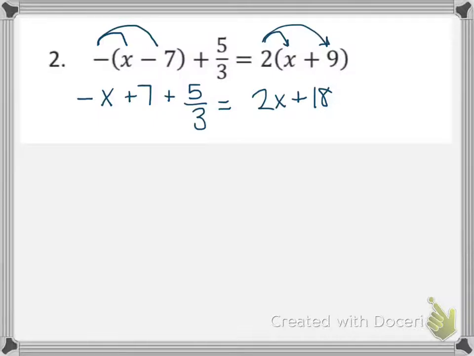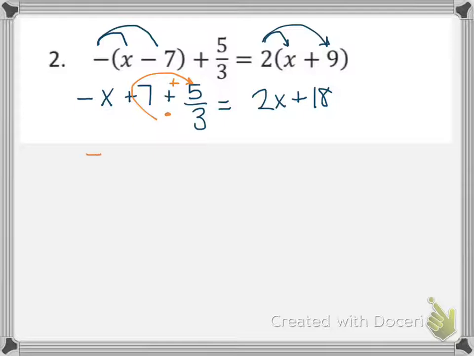It looks like, well, this 7 and 5/3, I can just add those and get 7 and 5/3, and then make that an improper fraction, because to me, improper fractions are way better than mixed numbers. So I'm going to just do this. I'm going to go 7 times 3 is 21, plus 5 is 26/3.